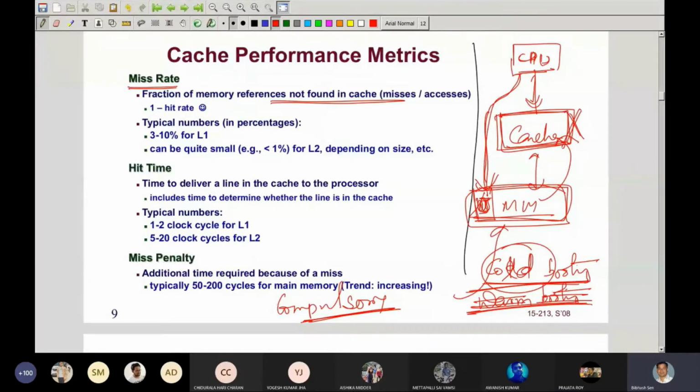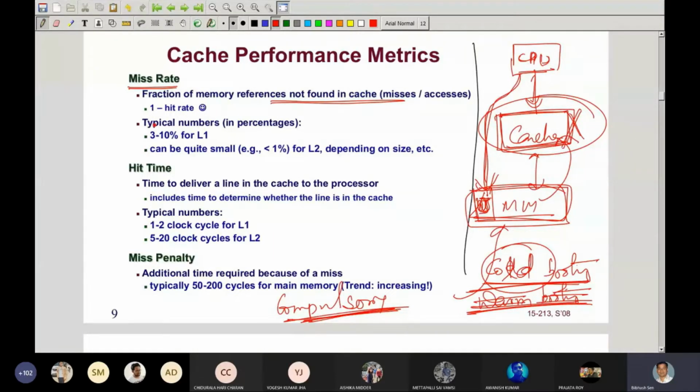Am I correct or wrong? So you will get a cache miss the first time, and that is called a compulsory miss. This will happen every time you access a page which was not accessed earlier. Generally it happens after cold booting, when there is no content in the cache.